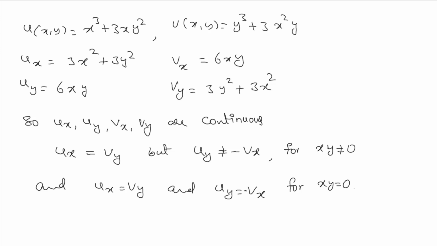That means, taking this as the complex plane, we have the curve xy equal to 0, which is nothing but either the x-axis or the y-axis. Then only is the condition xy equal to 0 satisfied. So the Cauchy-Riemann equations are satisfied for complex numbers z equal to x plus iy whenever the complex number lies on either the x-axis or the y-axis.